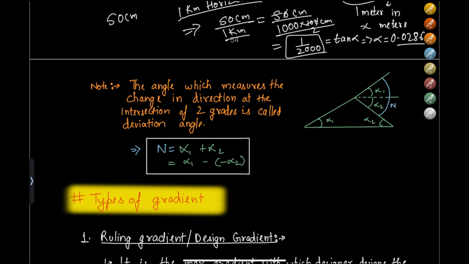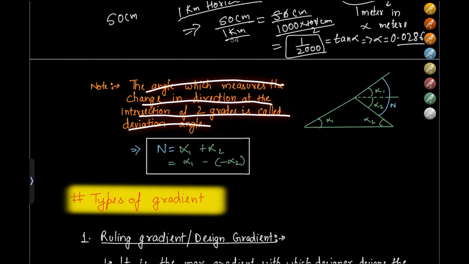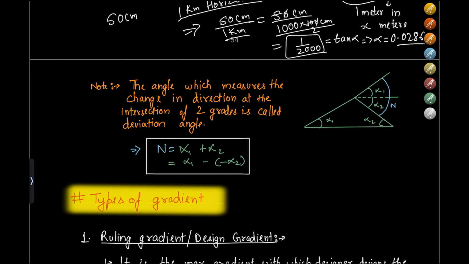Next, we'll have a look at the angle which measures the change in direction. Now this is a note that we have provided. The angle which measures the change in the direction at the intersection of two grades is called the deviation angle. If we have two pavements that are meeting at different gradients, this is N1 and this is N2.